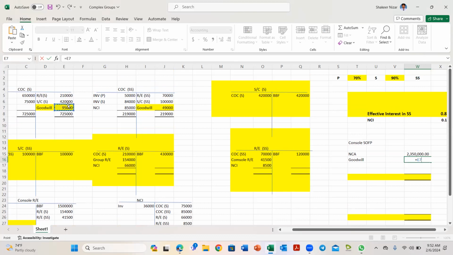Here 95,000 plus 49,000, 144,000. That is the total assets. So we can balance that amount. This is the total assets amount.